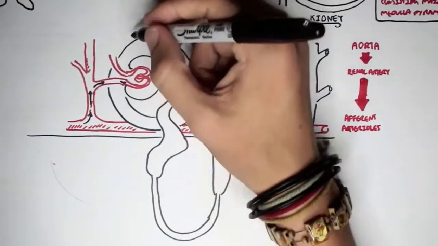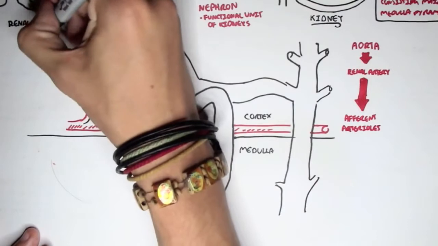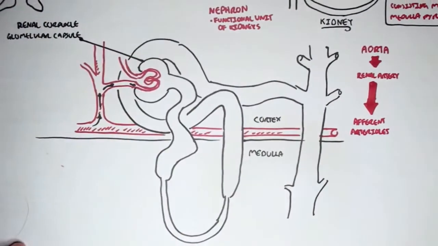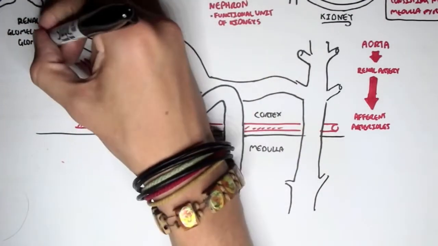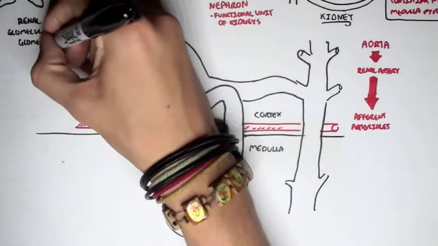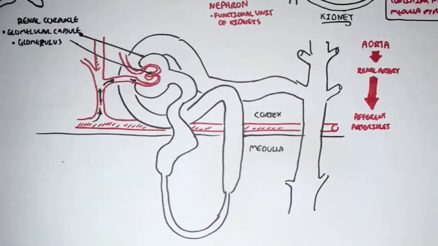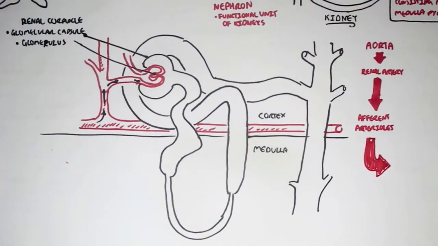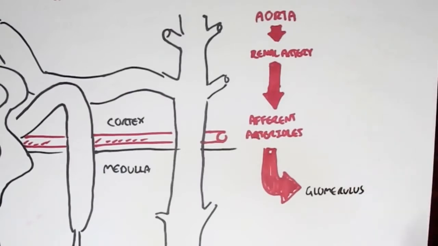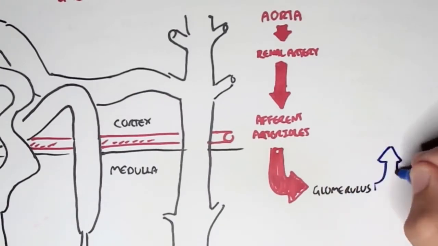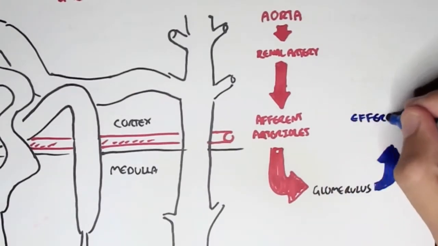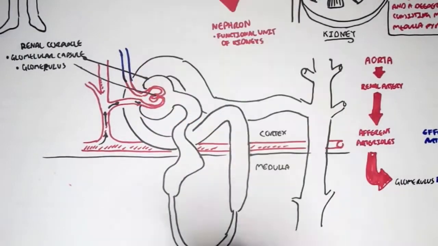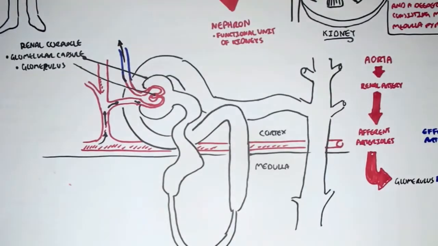And the afferent arterioles is what goes into this head of the nephron, known as the renal corpuscle, which consists of the glomerular capsule, the outer part of the head, and most importantly, the glomerulus. That is a really difficult word to say. And the glomerulus is formed from the afferent arterioles, and this is where filtration occurs. And then after this, the glomerulus will form the efferent arterioles, which leaves the nephron, essentially.